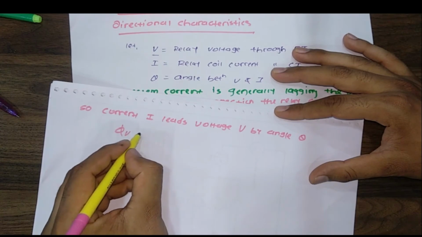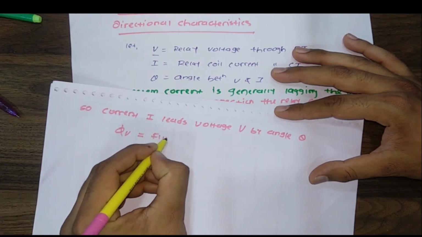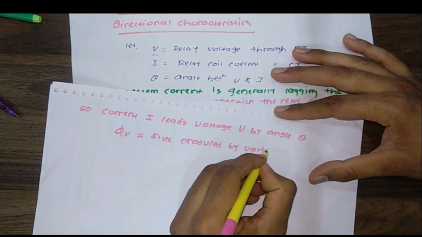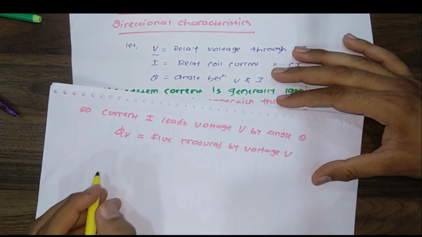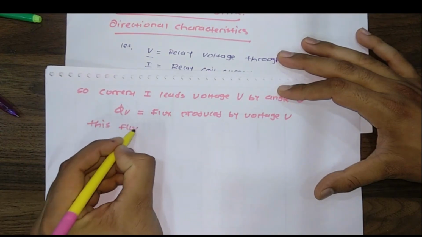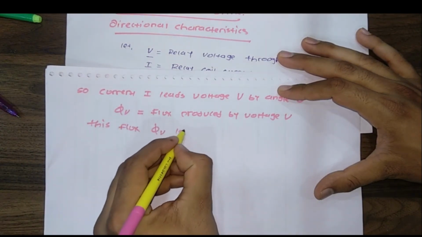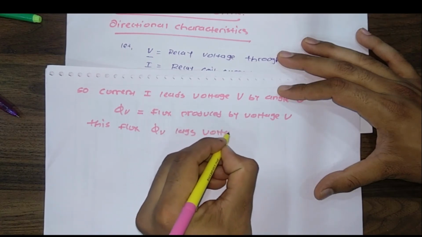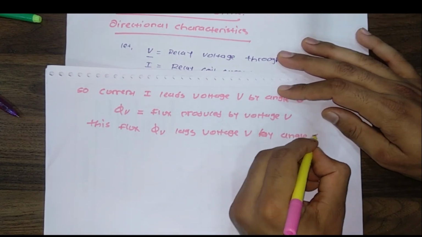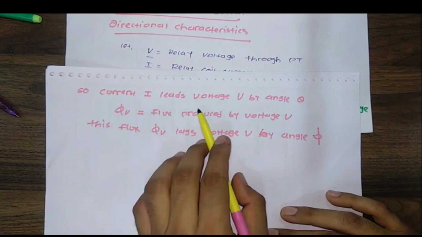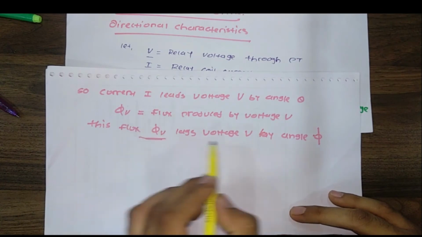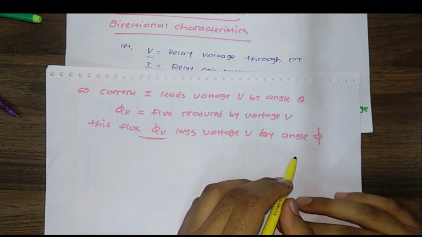So I can write phi V is equal to the flux produced by voltage V, and this flux phi V lags the applied voltage V by angle phi.